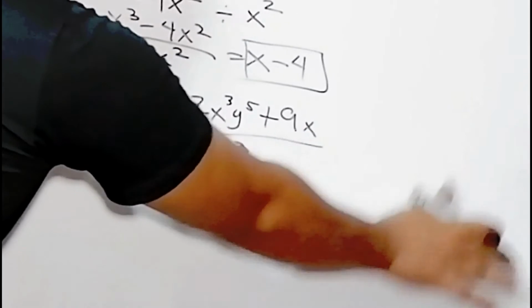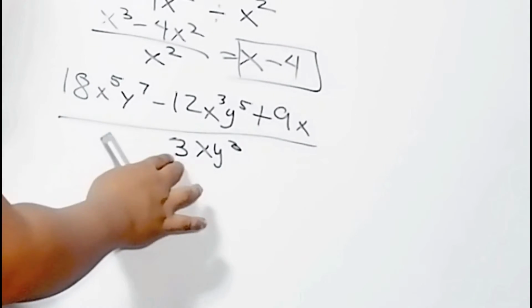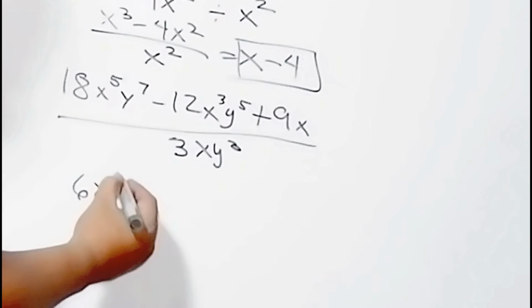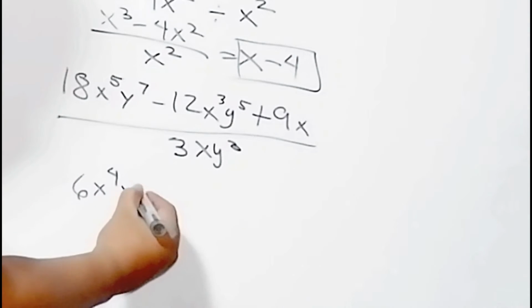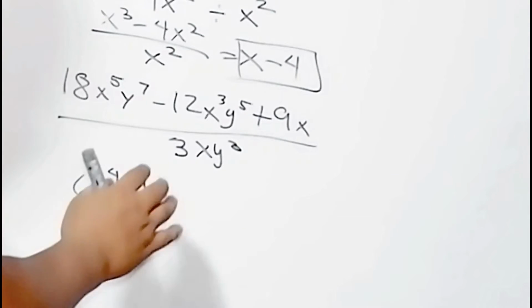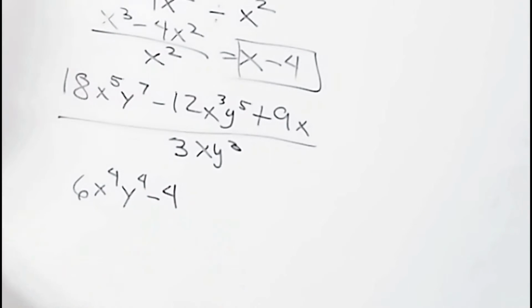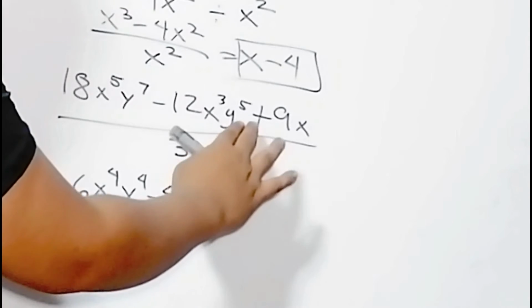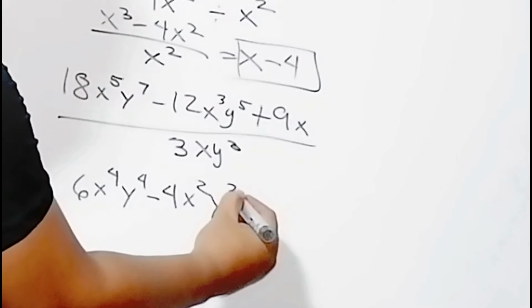Now, let's continue. 18 divided by 3, that is 6. x to the 5th divided by x, that is x to the 4th. y to the power of 7 divided by y cubed, that will give me y to the 4th. Now, negative 12 divided by 3, that will give me negative 4. x cubed divided by x, that is x squared. y to the 5th power divided by y cubed, that will give me y squared.